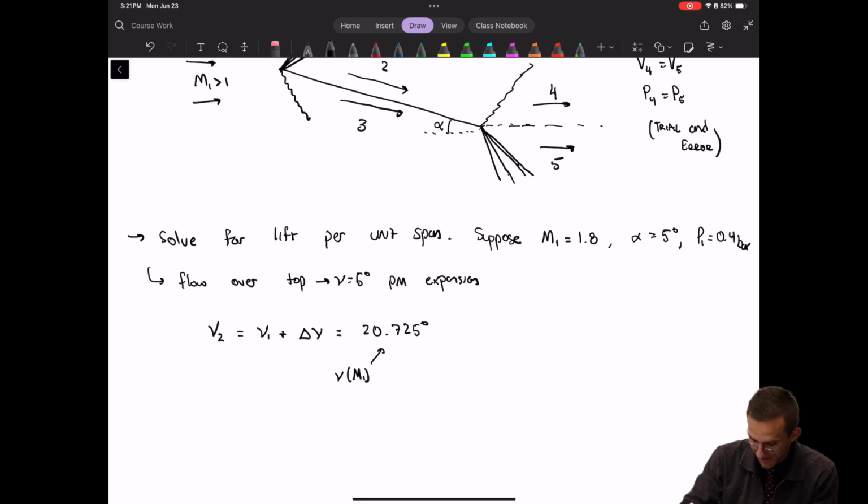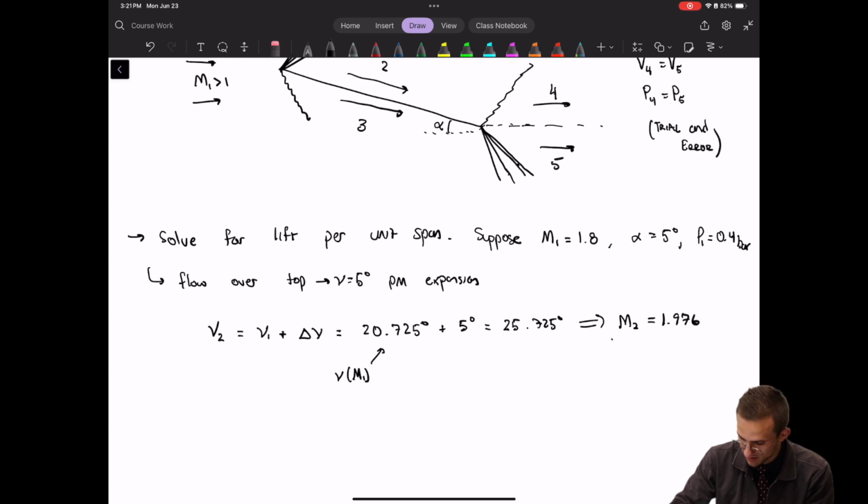And then we want to add the required change in flow direction from our angle of attack, okay? And so to figure out what the Mach number is at station 2, we take this total angle that we just got out, which is 25.725 degrees, and we look at that in the tables to find that M2 is equal to 1.976.